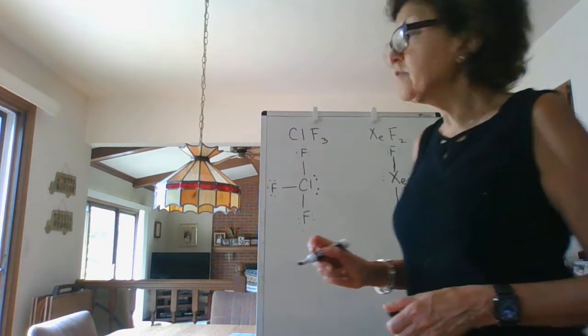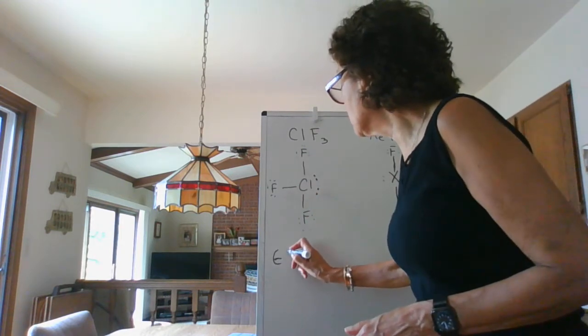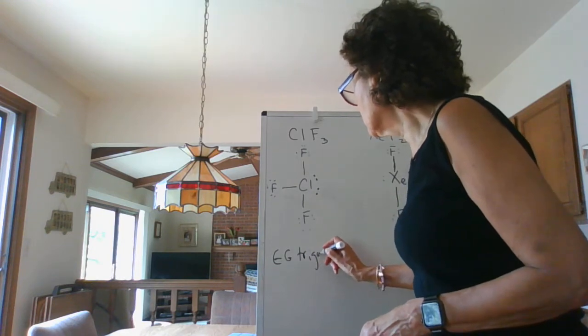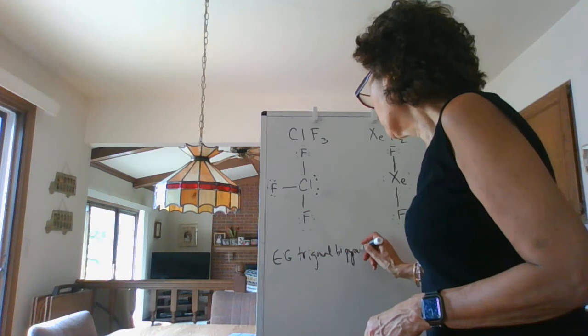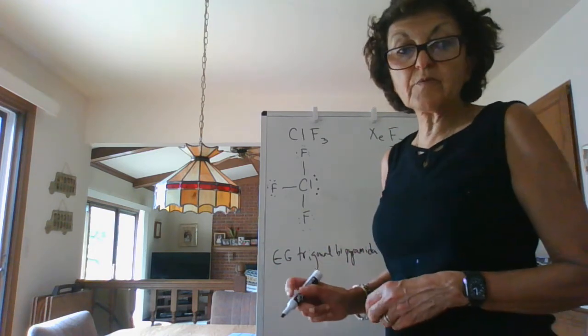Okay, so that's 5 electron dense areas. The electron geometry or electronic geometry is trigonal bipyramidal, because 5 is always trigonal bipyramidal.